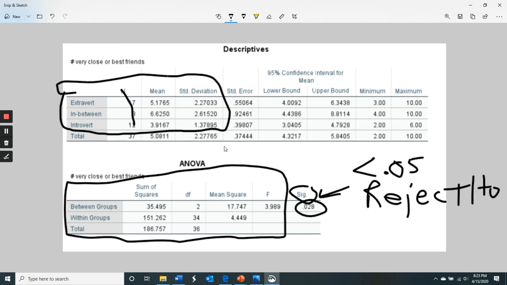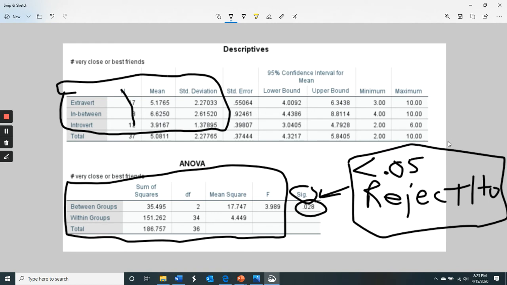The next sentence is a simple statement. Are these things related? Well, extroversion, introversion, are they related to the number of best friends that somebody reports? Well, this is what says it. There is a relationship. So there is a significant relationship between those two variables.